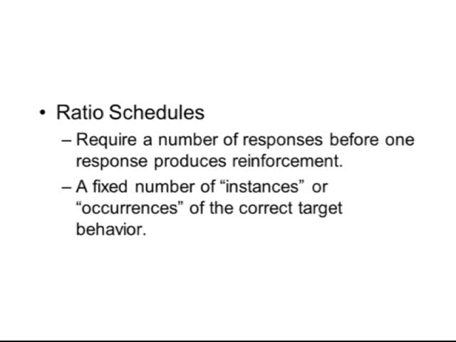People don't think of it that way, but consider this. When you were doing some of your observations, you noticed that if a kid is doing a behavior to get attention, that kid does not get attention every time that behavior occurs. Sometimes it's ignored, and in fact, maybe it's ignored most of the time. But what if about every fifth time the kid gets attention? That's a ratio schedule of reinforcement.